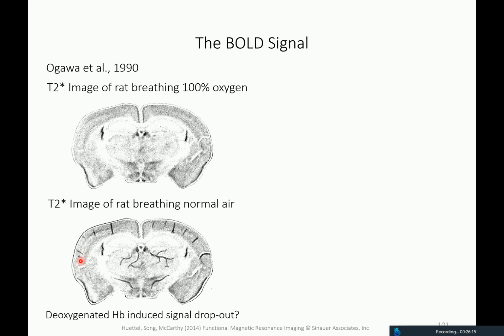So you have these black intracortical things. They are all black, and black meaning signal dropout. And so the idea is that the signal dropout somehow is related to the oxygenation level of the blood of the rat. Because here it's only getting oxygen, here it's getting normal air.